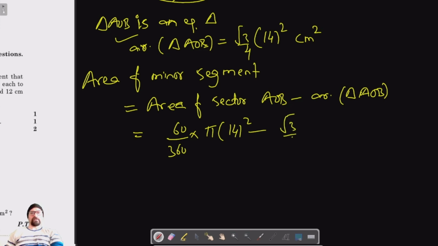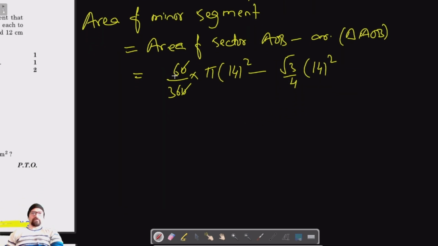Area of triangle is root 3 by 4 into 14 square. So 6 gets cancelled and this is 1 by 6 into 22 by 7 into 14 into 14 minus root 3 by 4 into 14 into 14.